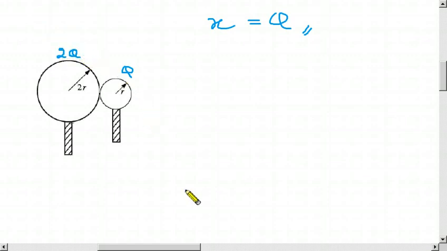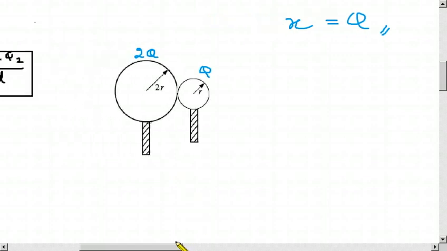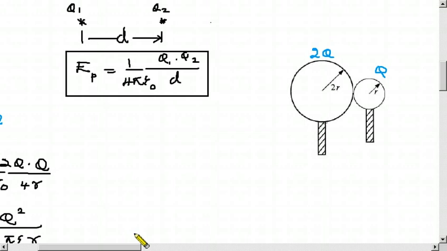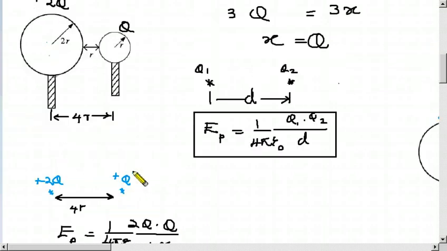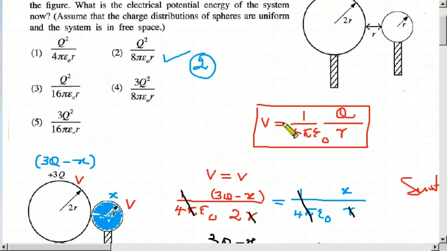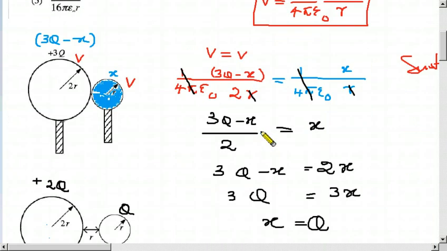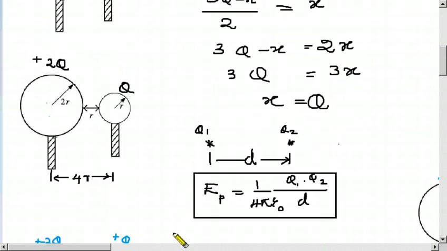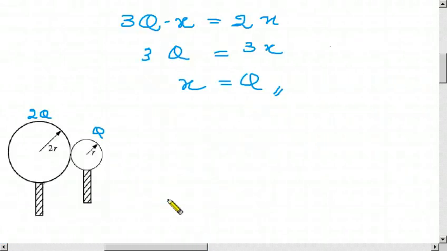So like that we can find out the charges of each sphere, and after that we have to follow the same steps as previously. After finding Q, we have to equate the voltages, the potentials.